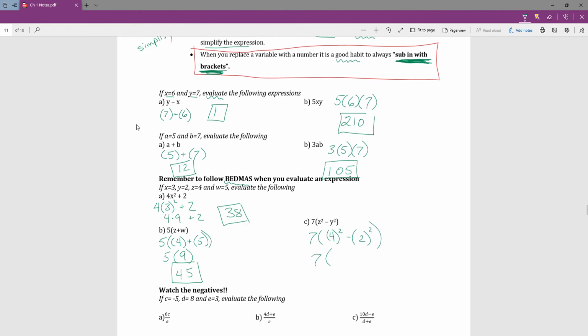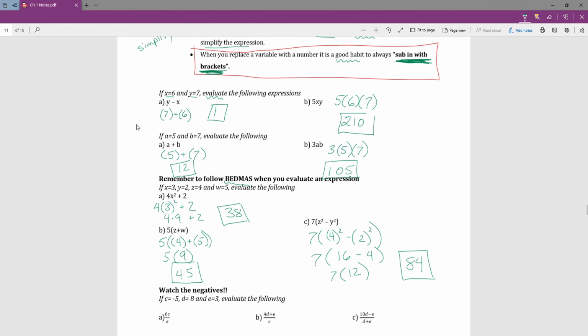I'd have to do the exponents first, and then I'd have to do the brackets. All right, no big deal other than probably too many brackets for your tastes.